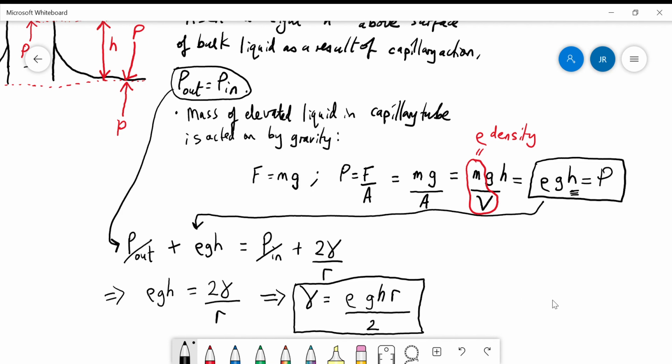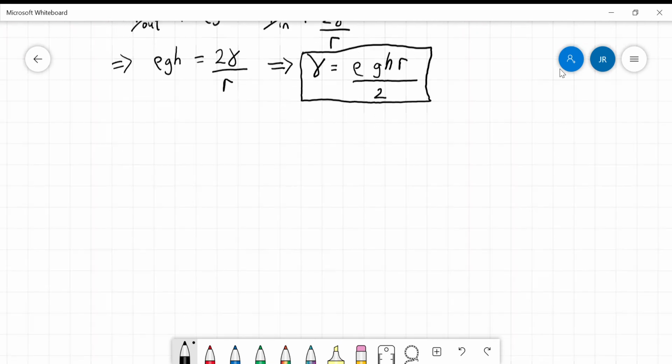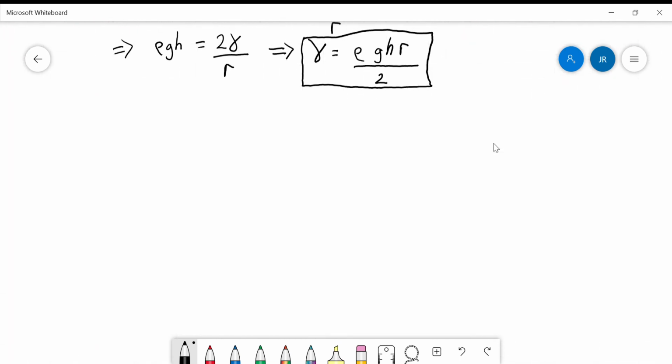Let's plug some numbers in and let's actually do a question. I'm going to call this capillary action question.